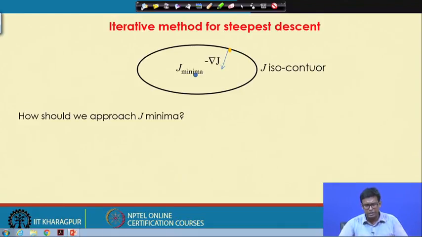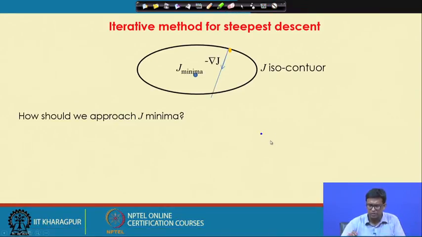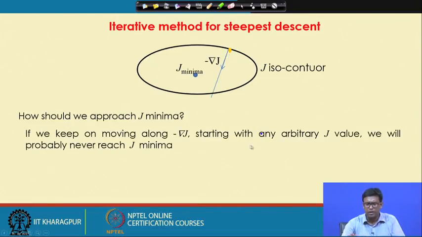I have started from an arbitrary point, I am going along minus grad j and I have to come to j minima. How should we reach that? If we move along this particular line, we might not ever be able to reach the j minima, because along this line j is first reducing and then we can see that if we keep going along minus grad j, it is clearly missing j minima.